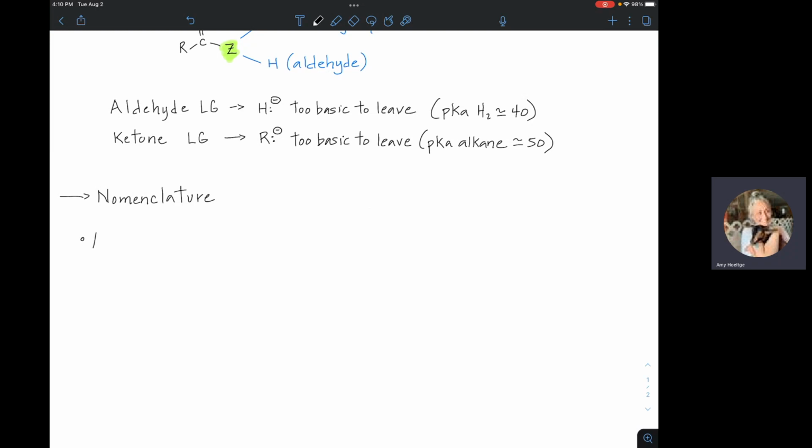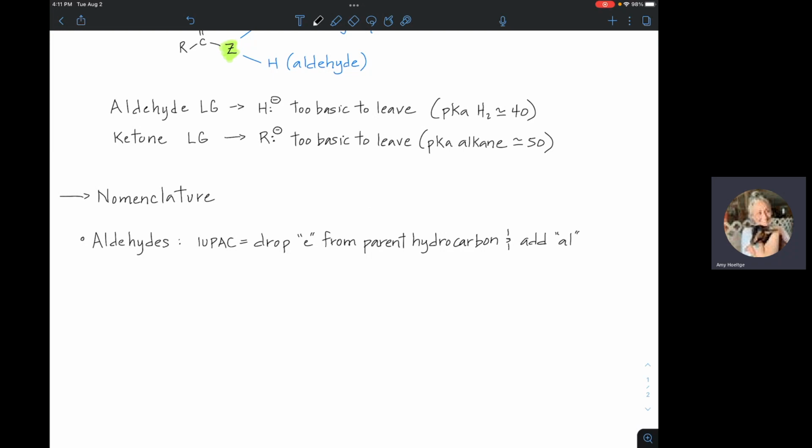For aldehydes, with the IUPAC method, you drop the E on the name of the parent hydrocarbon and add a new suffix, al, for aldehyde.